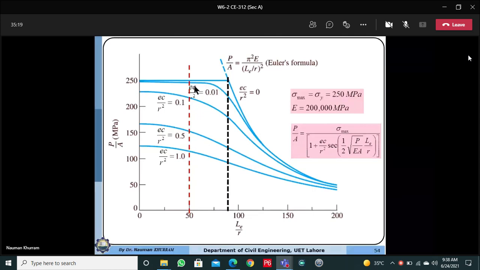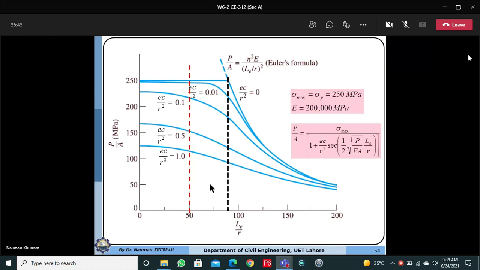And similarly, with the increase of eccentricity corresponding to the same slenderness ratio, the column will yield at a considerably lower applied stress value or at a lower load value.